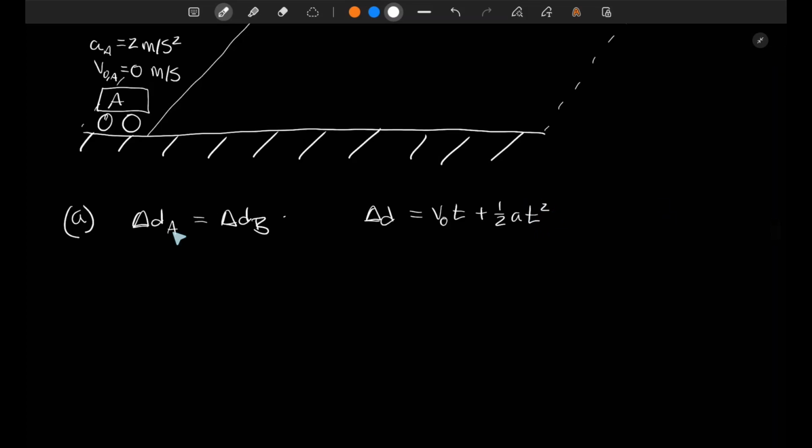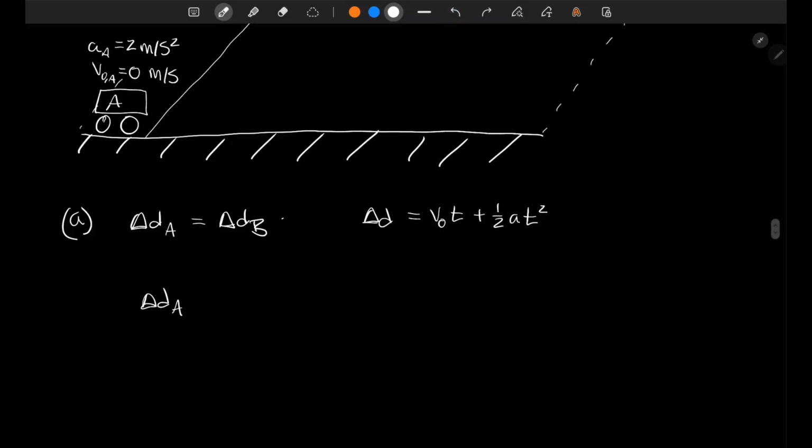We can now write what delta D sub A and delta D sub B are for the car and the truck. So delta D sub A: remember that V naught A is equal to 0, that's what we said right here. So this first term, V naught T, is 0, so the only term that survives is the acceleration term.